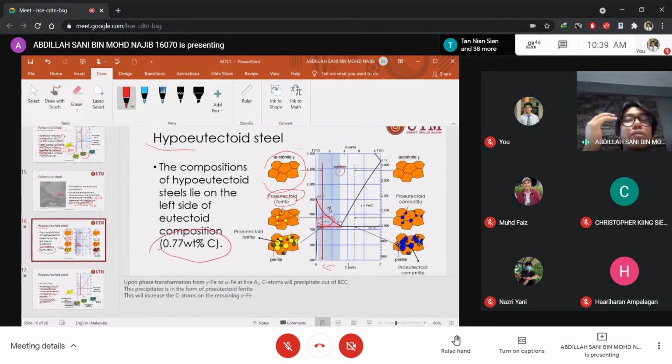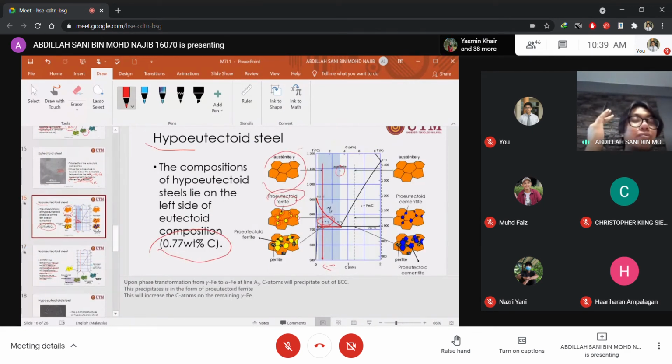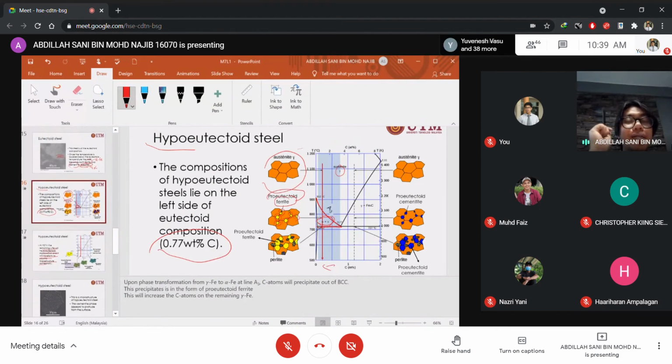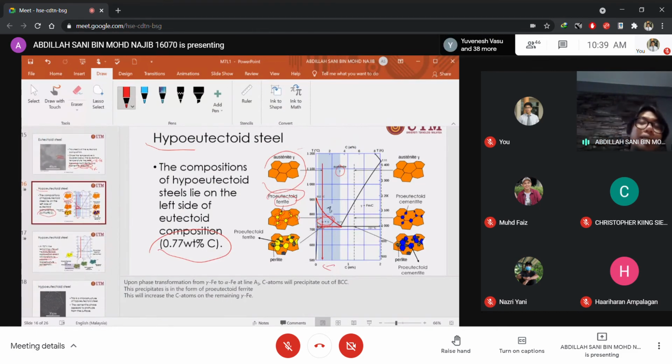this one you have to work out in your mind a little bit. When we say we have a smaller amount of carbon, it means a higher amount of ferrum, higher amount of iron. Eutectoid is fixed.